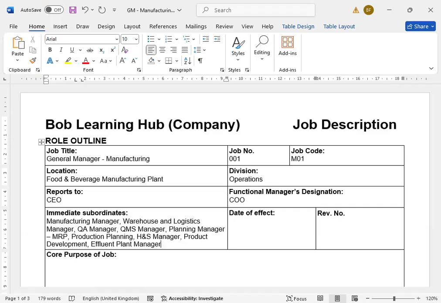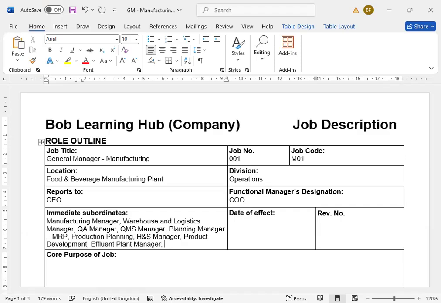So if you're talking about a very huge food and beverage manufacturing organization, then you will always have an effluent plant and also a manager managing the effluent plant.